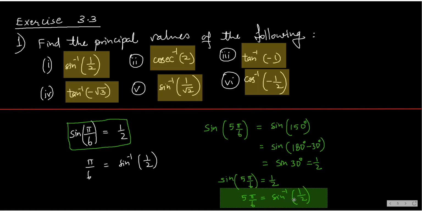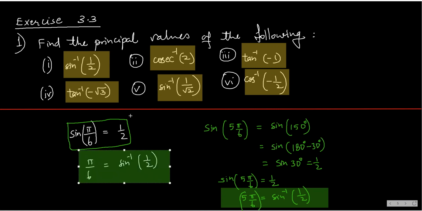If you see this, you have the answer as 5 pi by 6. But if you have sine inverse of 1 by 2 here, it is pi by 6. And the basic rule in a function is you cannot have two values for sine inverse of 1 by 2. It has to be either this or this.